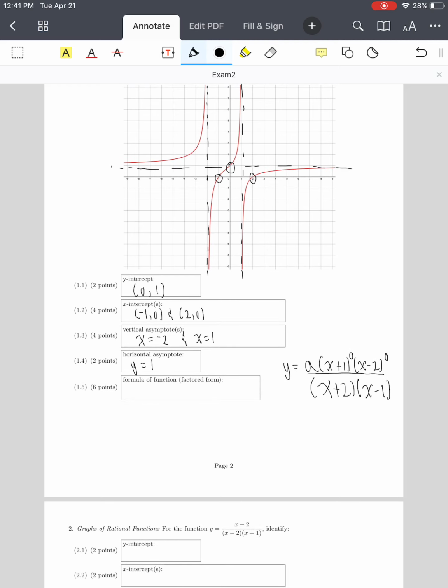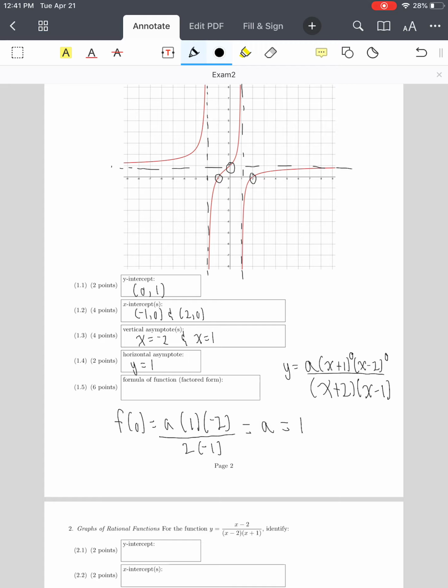The other way of doing it is by looking at the y-intercept, which is (0, 1). That means if we plug in 0 for x, we should get 1 out. So if we do f of 0 equals a times 1 times -2 divided by 2 times -1, these all cancel out to be a, which we want to be 1.